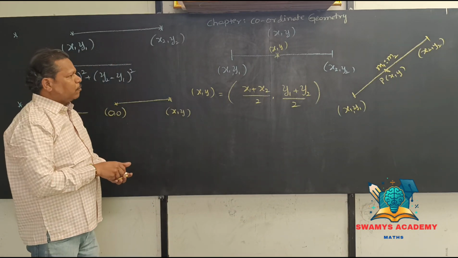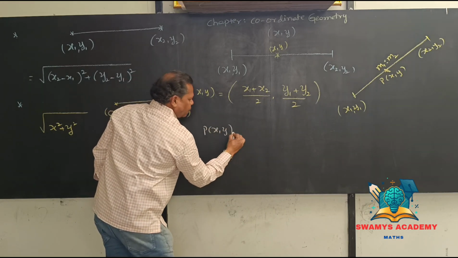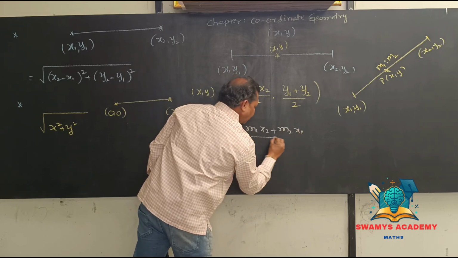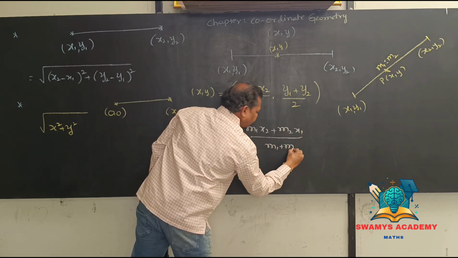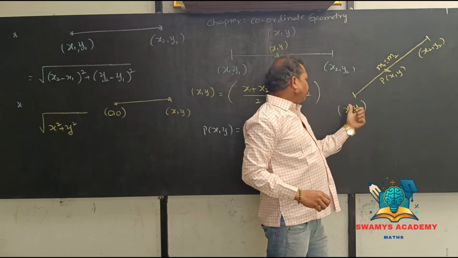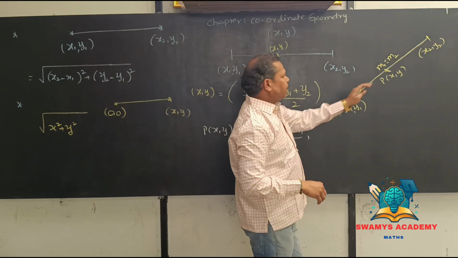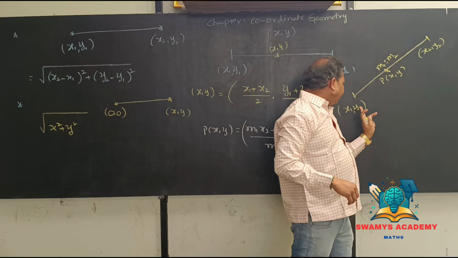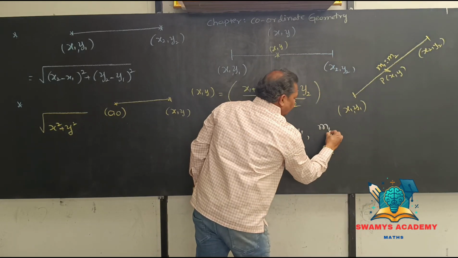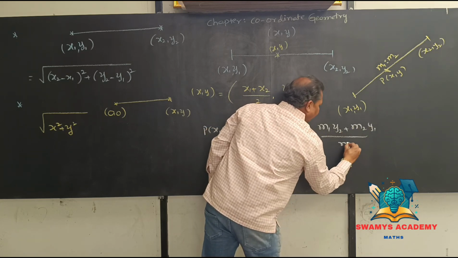So what is the section formula to find P x comma y? It equals m1 x2 plus m2 x1 by m1 plus m2, separated by a comma, and m1 y2 plus m2 y1 by m1 plus m2.